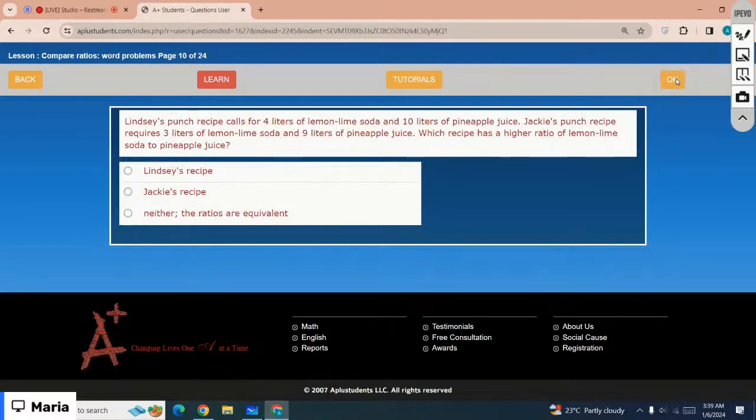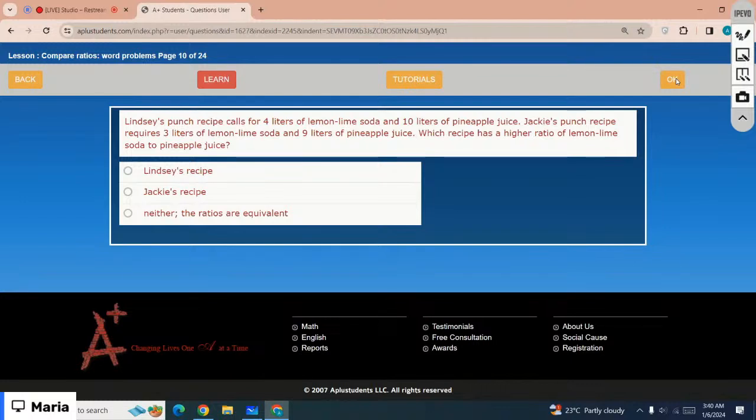Lindsay's punch recipe calls for 4 liters of lemon lime soda and 10 liters of pineapple juice. Jackie's punch recipe calls for 3 liters of lemon lime soda and 9 liters of pineapple juice. Which recipe has the higher ratio of lemon lime soda to pineapple juice?